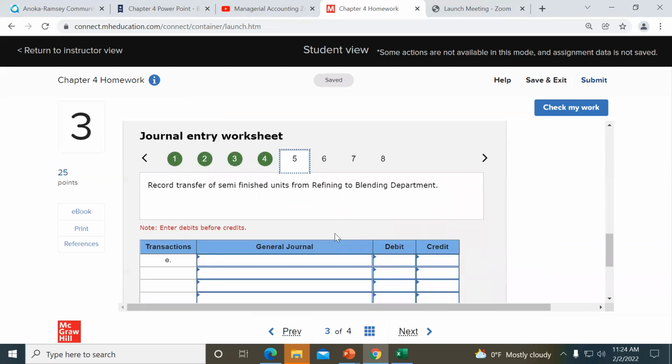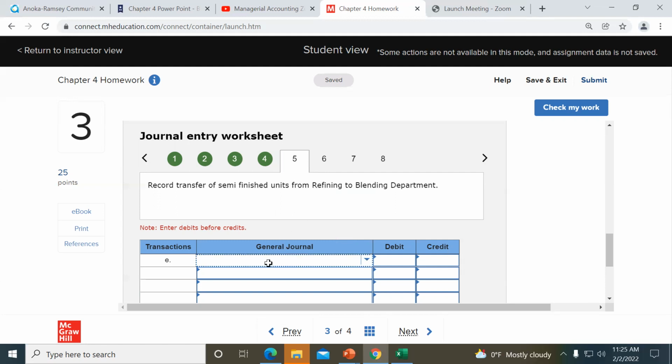Record transfer of semi-finished units from refining to the blending department. It tells us the amount of 740 units that were complete with respect to processing in the refining, transferred to the blending of 740, right?